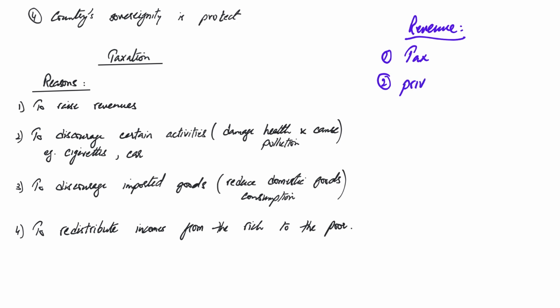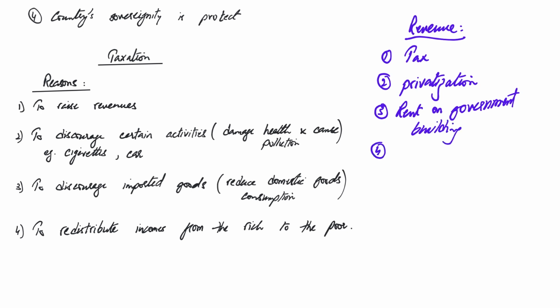Then, sometimes government can cause privatization of some state-owned assets. For example, Pakistan Railway, Pakistan Steel Mill, they can sell it and they can make money off that. Okay. Other ways could be rent on government buildings or something. They can make some money off that.